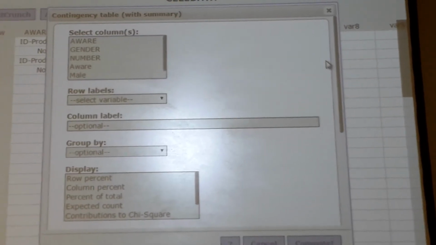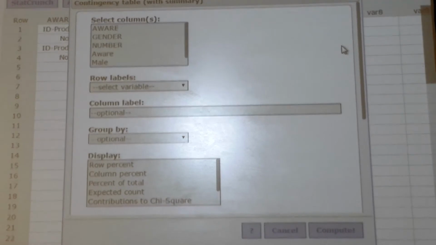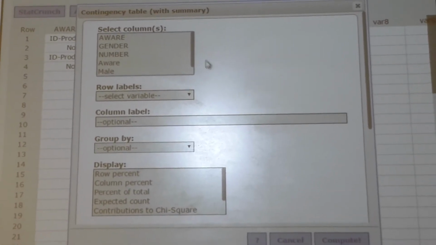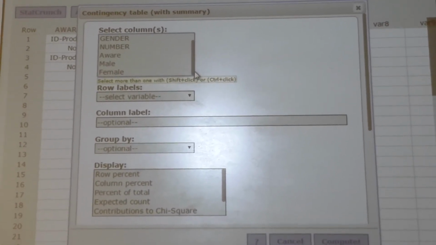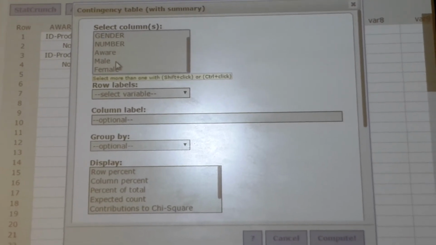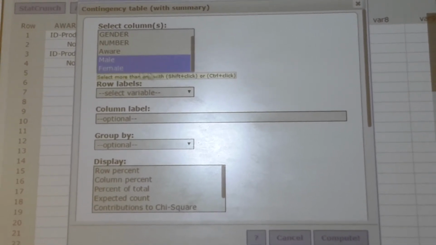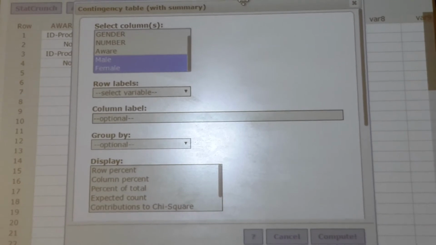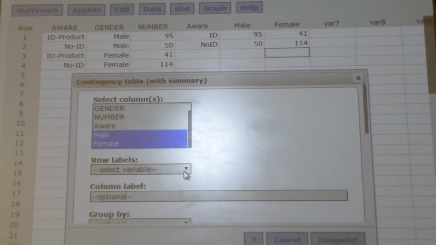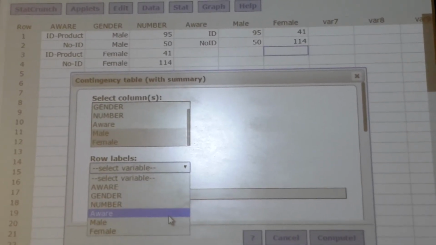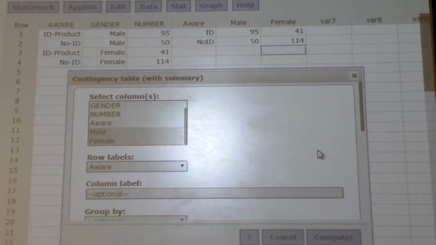We don't have the raw data of what each individual said. We just have the summary of that data. The columns that we're interested in are male and female. And the row labels are in the aware column.